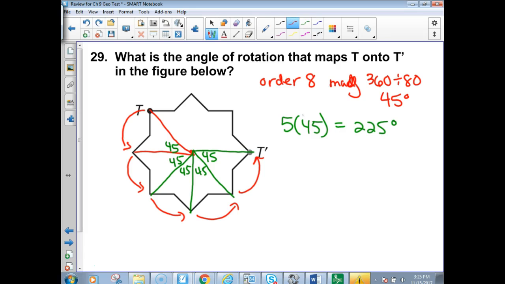Do you see what the person that did the key made that error was going clockwise 1, 2, 3 turns, and 3 times 45 is 135 degrees. All right, so that was what they did. They went clockwise instead of counterclockwise, as we said all the rotations should be unless otherwise specified. Okay? So our correct answer is 225 degrees.